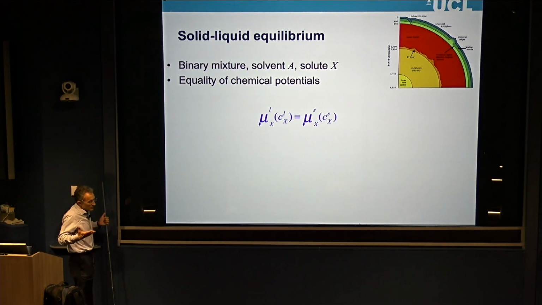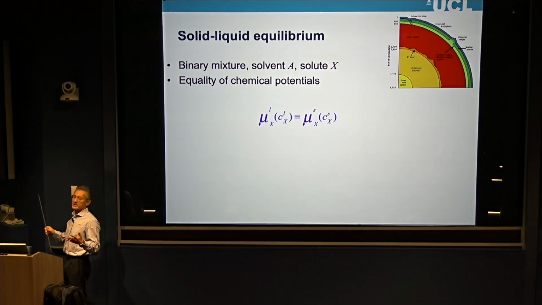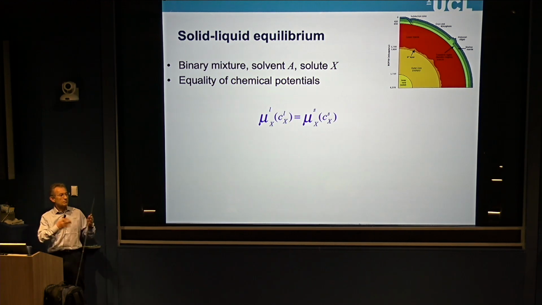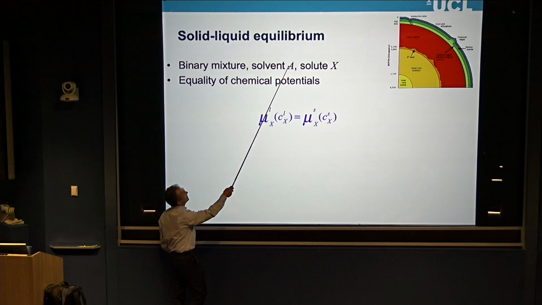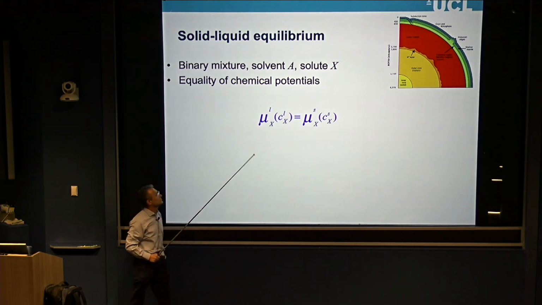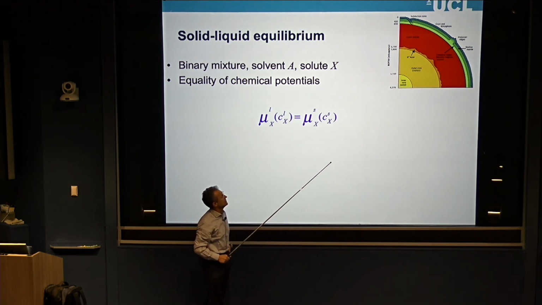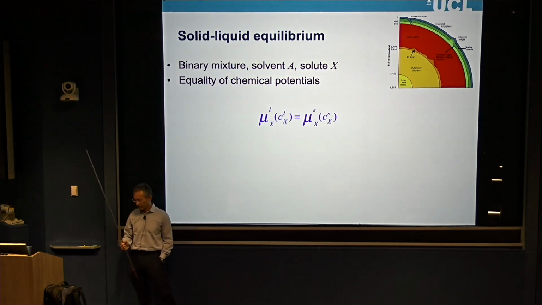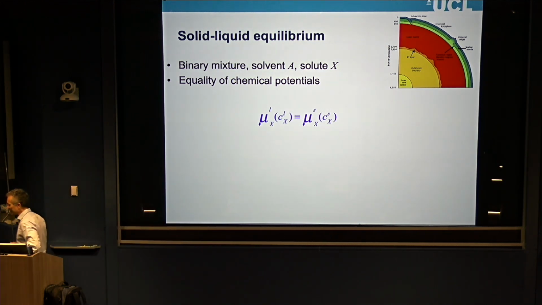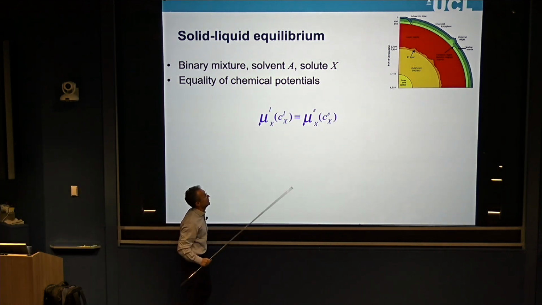For instance, the most simple hypothesis is that the core is made of a binary mixture. So iron, the solvent A, plus one light impurity, the solute X. Equilibrium at the boundary, again with the laws of thermodynamics, requires that the chemical potential, effectively the Gibbs free energy per atom if you like, of the light impurity has to be the same between the two regions.